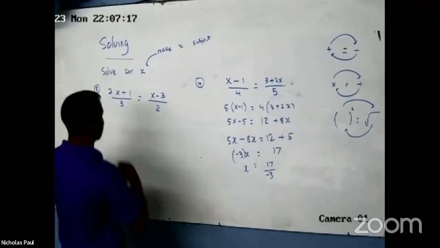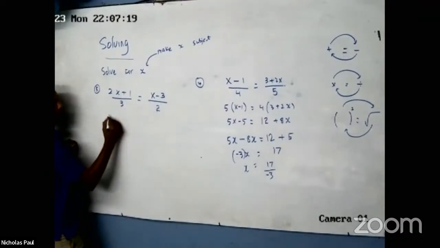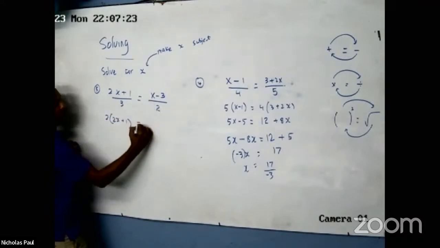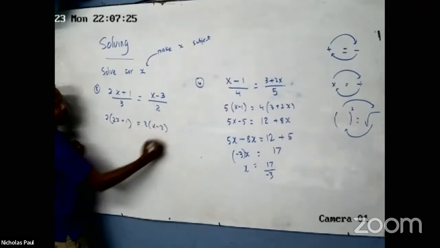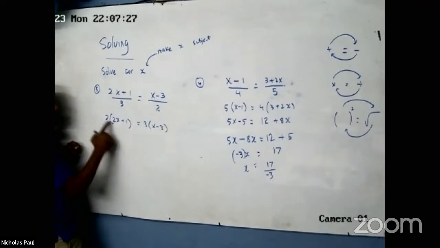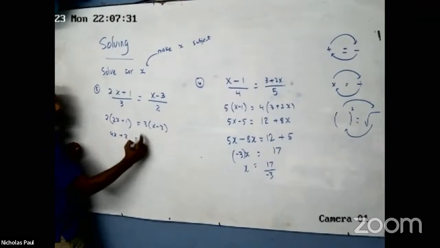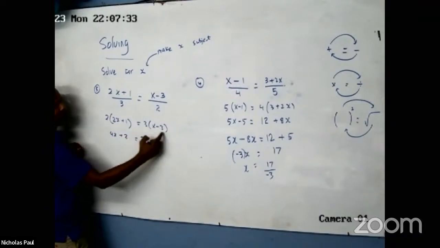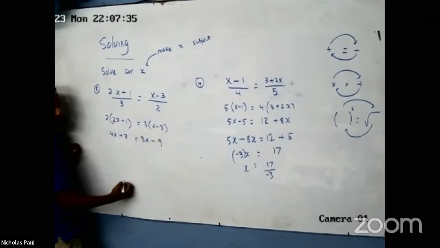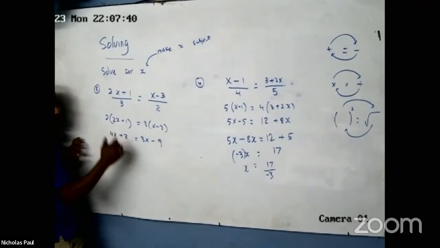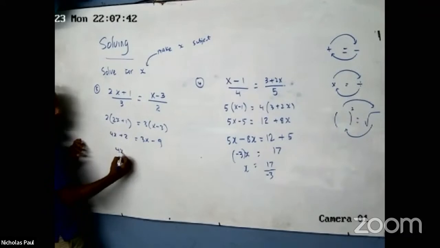Very good. So it's 2 by this, so it's 2 by 2x plus 1, 3 by x minus 3. Multiply this out, 2 by 2x, that's 4x, 2 by 1, that's 2. 3 by x, that's 3x, 3 by minus 3, minus 9. Okay, bring the x's together, same procedure all the time.